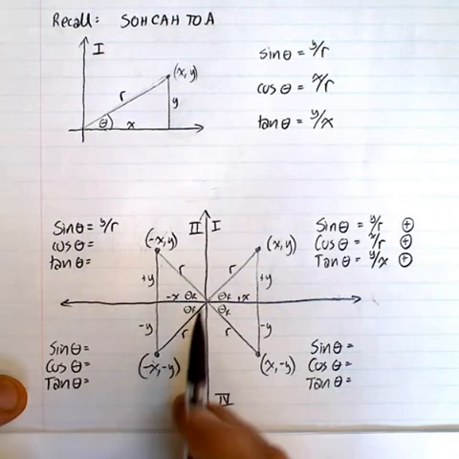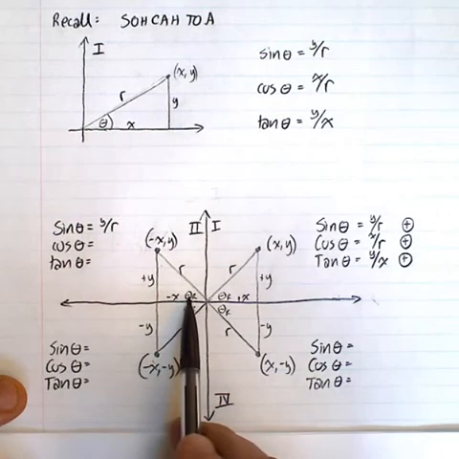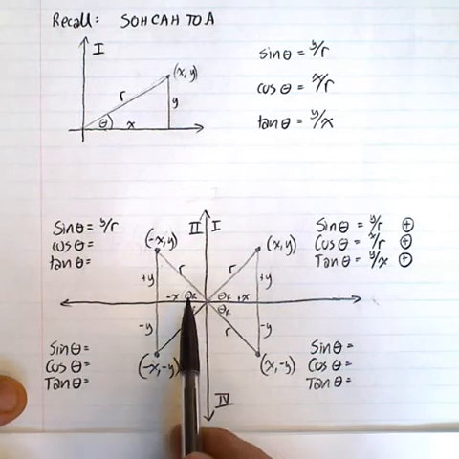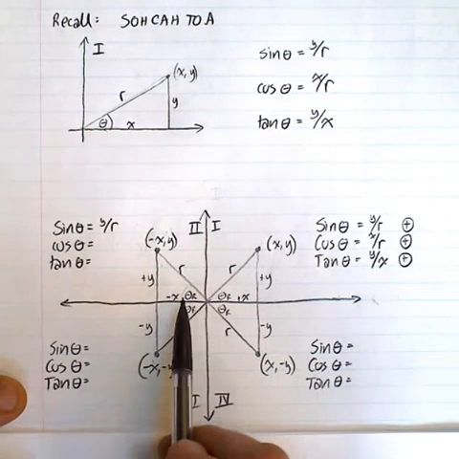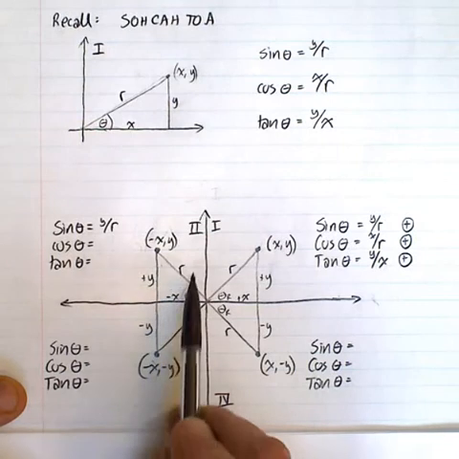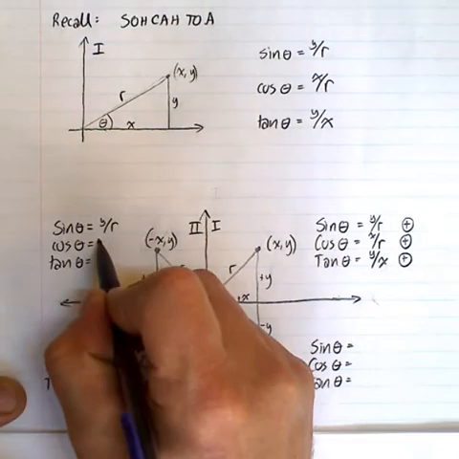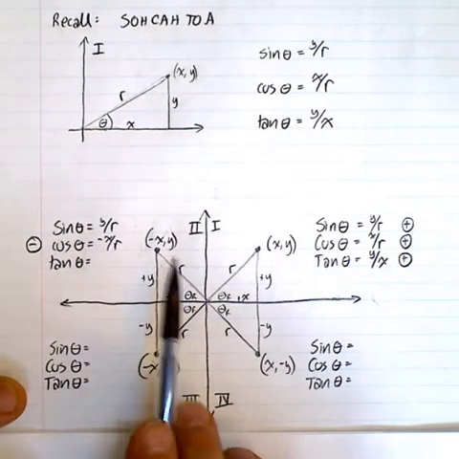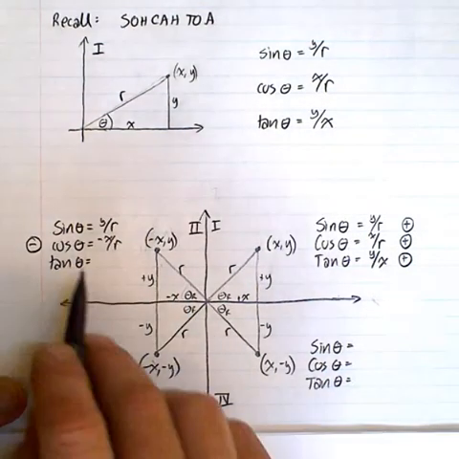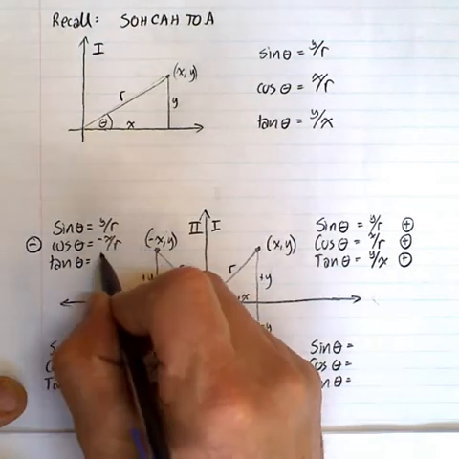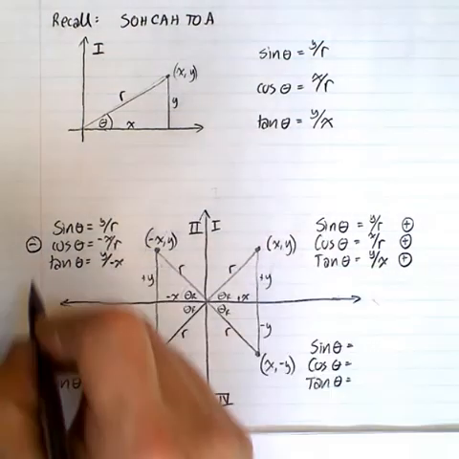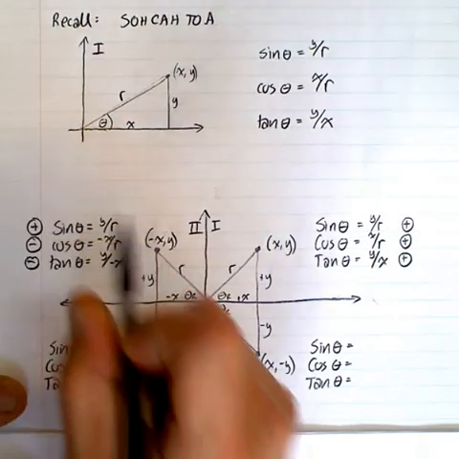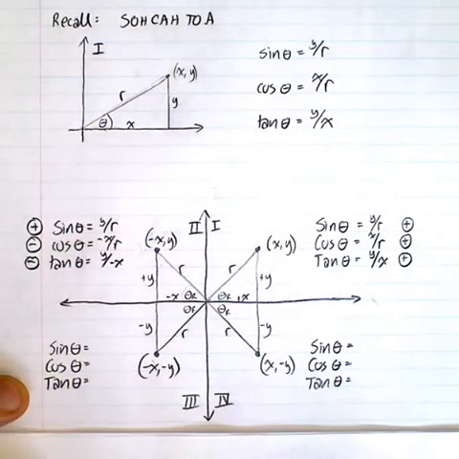If you look at the cos of this angle, your reference angle, again, okay, because that's the reflection part, the cos is the x over r, but in this case the x is negative, so it's negative x over r, which means that your cosine is negative in the second quadrant. If you look at tan, it's y over x, and your x is negative, so your tan is also negative. The only thing that remains positive in that second quadrant is the sine.